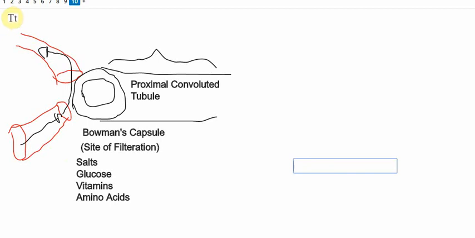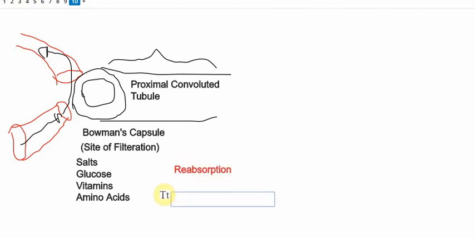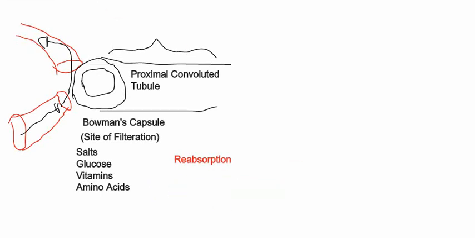So there's two important functions or roles that occur in the proximal convoluted tubule. And so the first role is what's called absorption, or specifically reabsorption. And what that means is all the stuff that was filtered out, like salts, glucose, amino acids, our body does need them in order to function. So we're actually going to reabsorb them into our circulatory system.